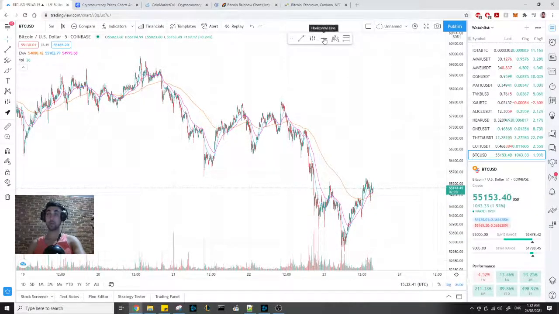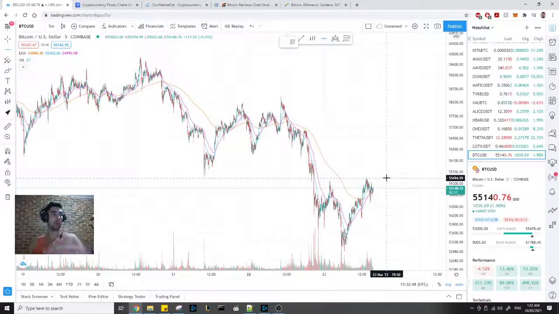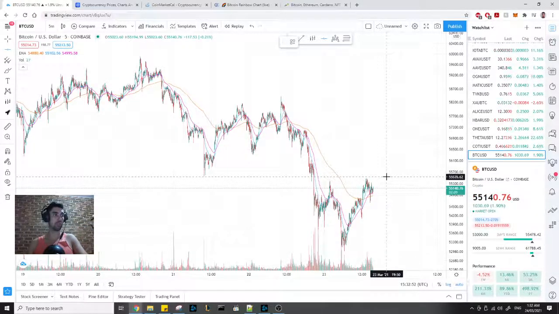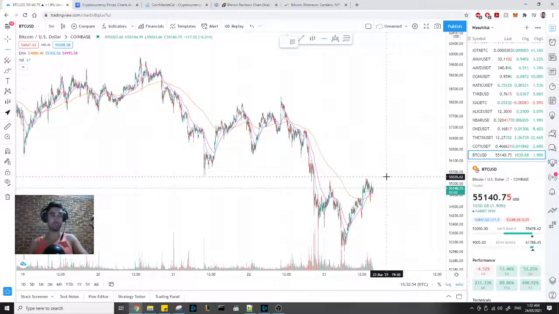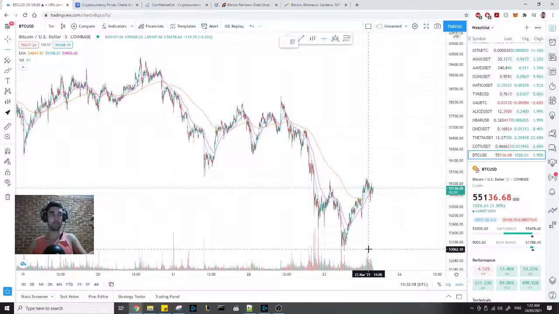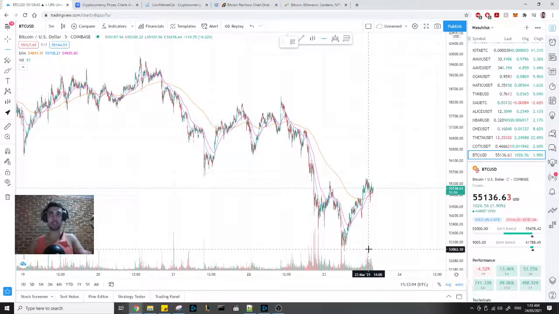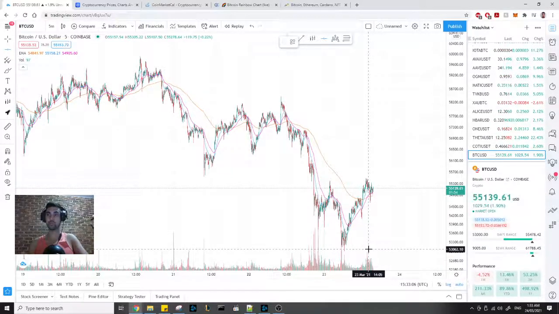The next tool, which is definitely a must, is this horizontal line tool. This will allow you to graph your horizontal support and resistance lines on the charts, which, from doing a bit of research, seem to be the most accurate way to do your charting.